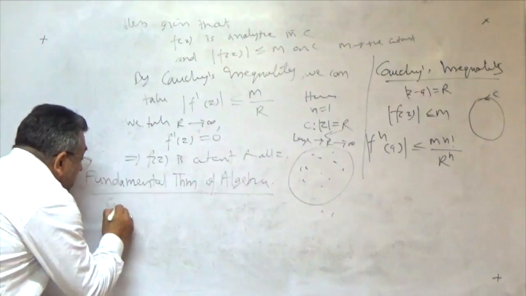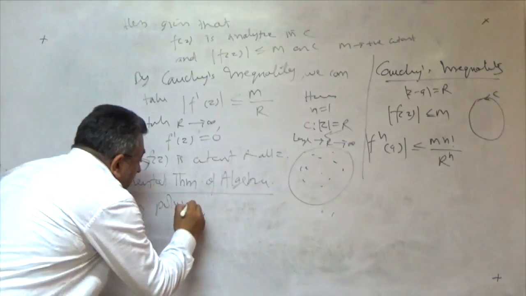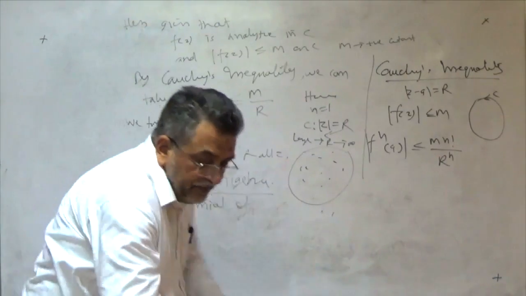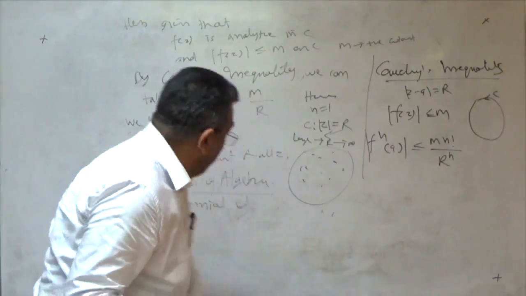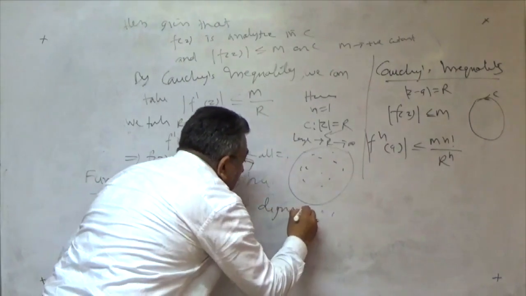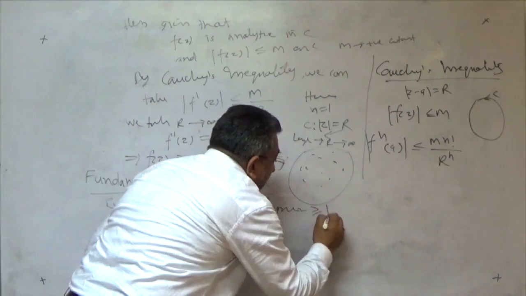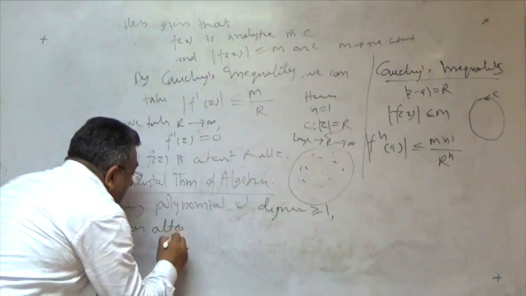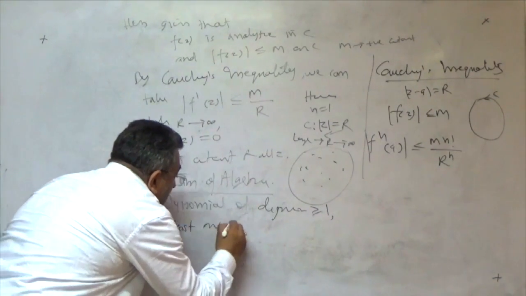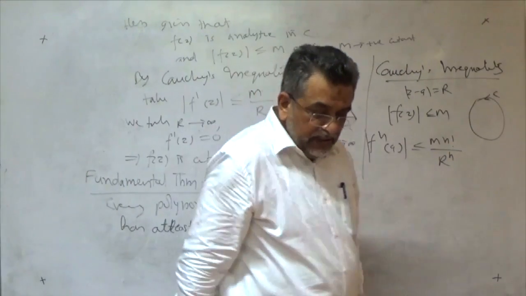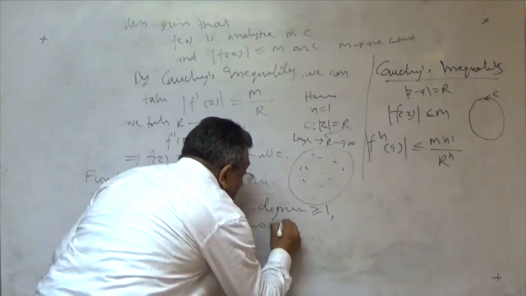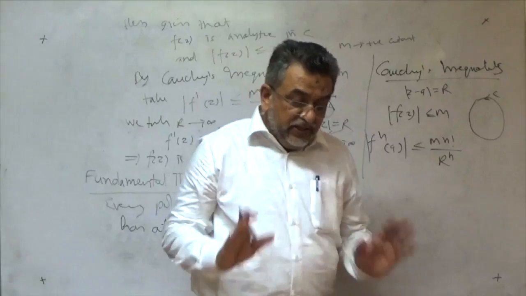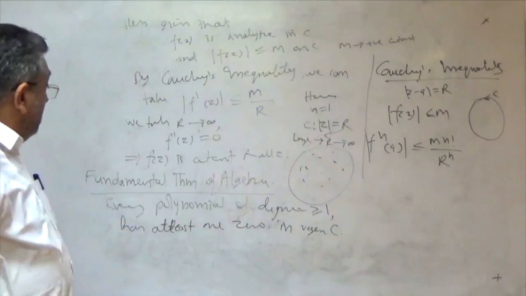The statement is: every polynomial of degree greater than or equal to 1 has at least 1 zero in the region C. This is the statement of the fundamental theorem of algebra.